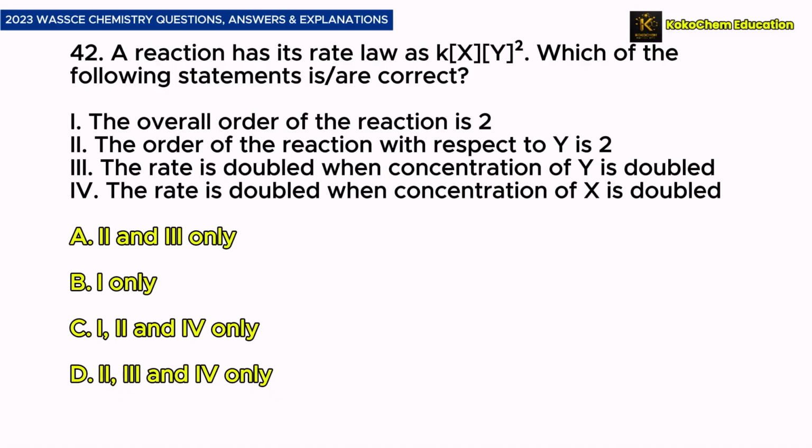II. The order of the reaction with respect to Y is 2. III. The rate is doubled when concentration of Y is doubled. IV. The rate is doubled when concentration of X is doubled.